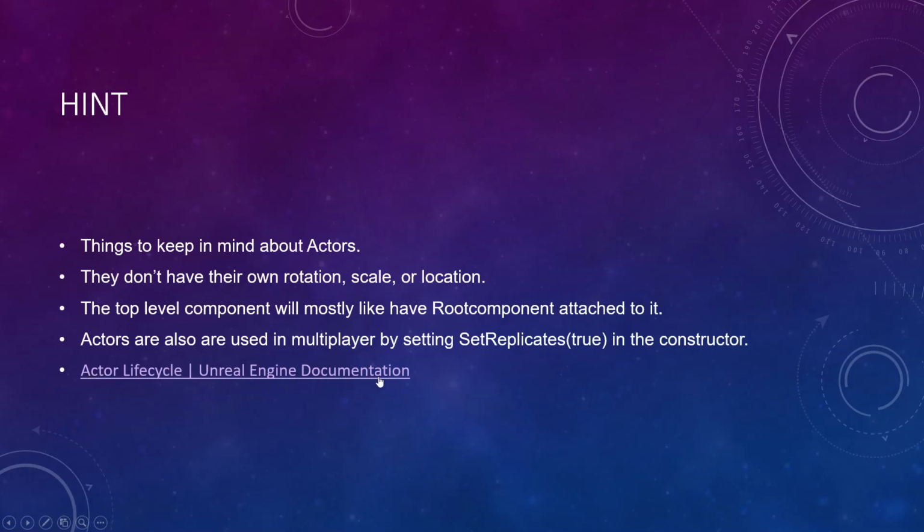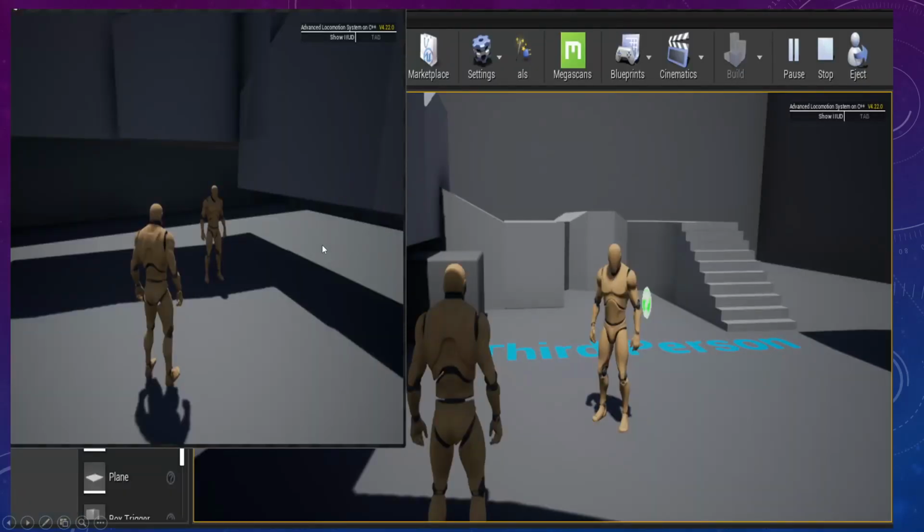Here is some documentation about the actor life cycle. If you still don't understand, you can go here and look at the life cycle, or if you want a little more in-depth knowledge, you can also go here. Just to recapitulate, here is ALS, the C++, and as you can see, it's multiplayer right here.